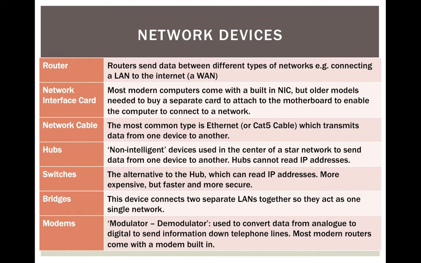Hubs and switches. So hubs are the non-intelligent devices generally used in the centre of a star network to send data from one device to another. Hubs can't read IP addresses, so when a hub receives a message from one client computer, it doesn't know exactly where to send it, so it broadcasts out to all of the active nodes on the network and then hopes that the correct node receives the message.